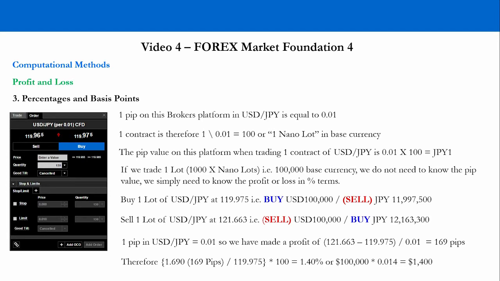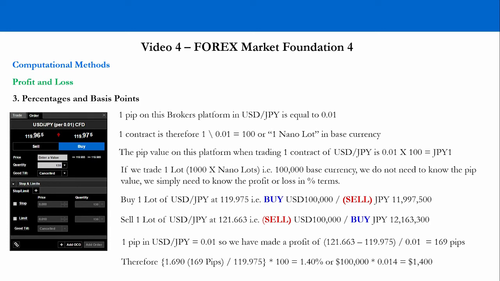So if you think you're a hero because you made a certain amount of pips, when you work it out in percentage or basis point terms, you're going to realize that it's actually most of the time not a lot of money, not a lot of return, especially if you're day trading.